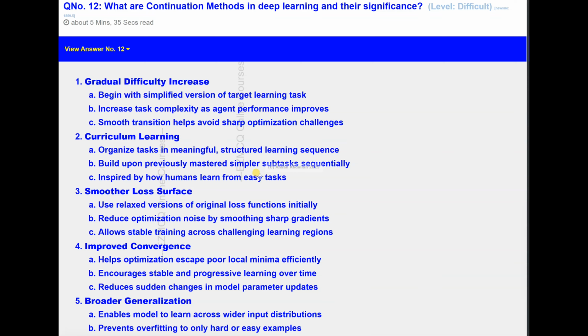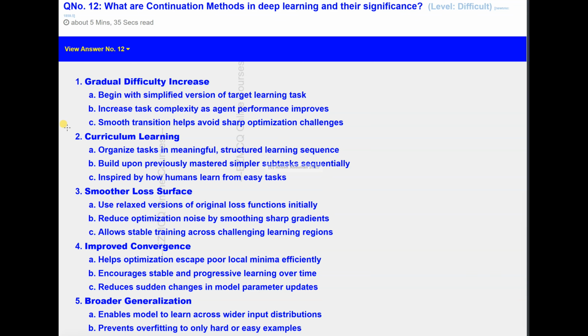So let's look at gradual difficulty increase. This simplifies early training by easing the agent into tasks. The environment starts easy and becomes harder as performance improves. Remember the example of increasing the weight for the training which I mentioned.